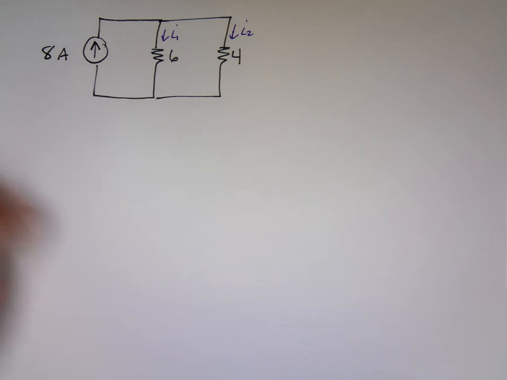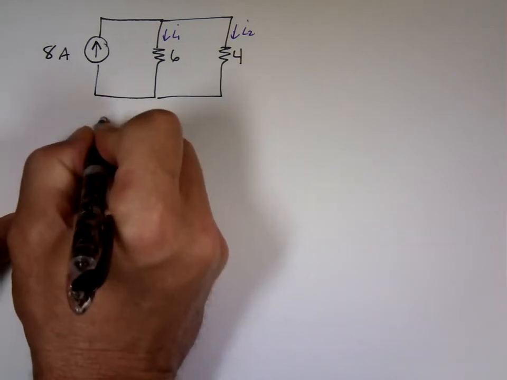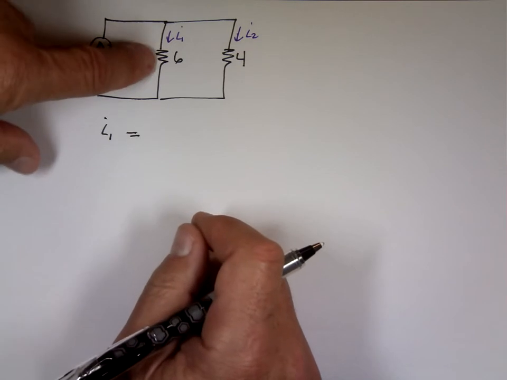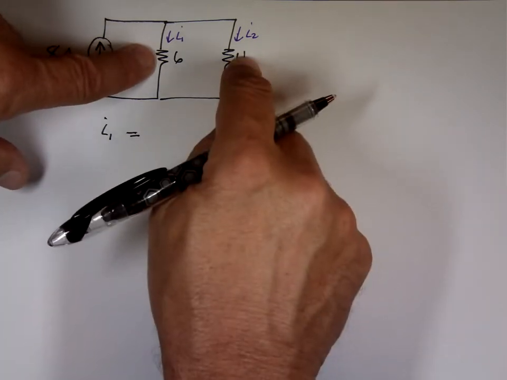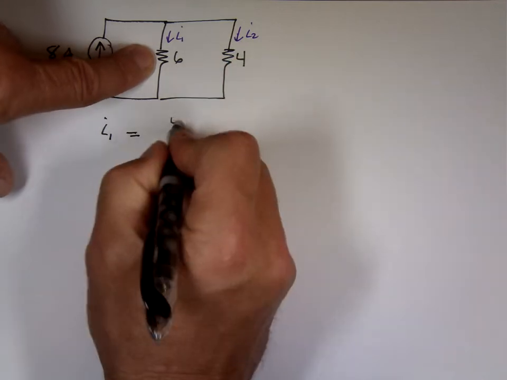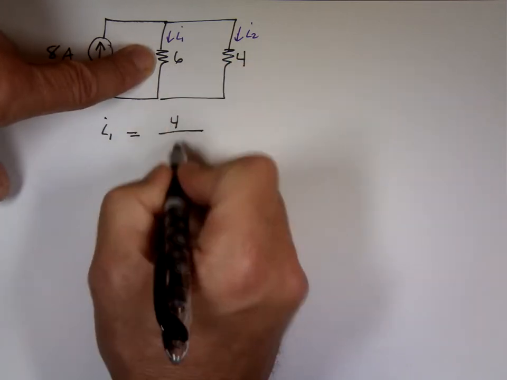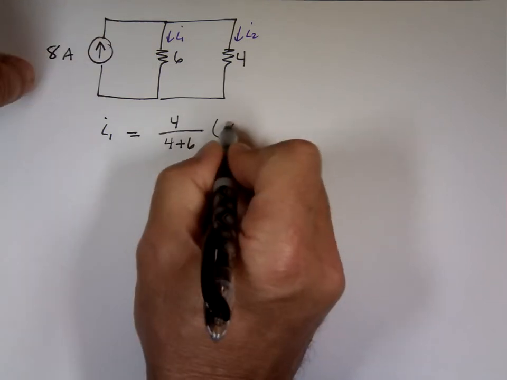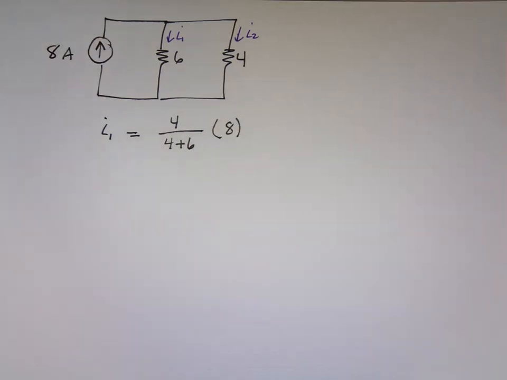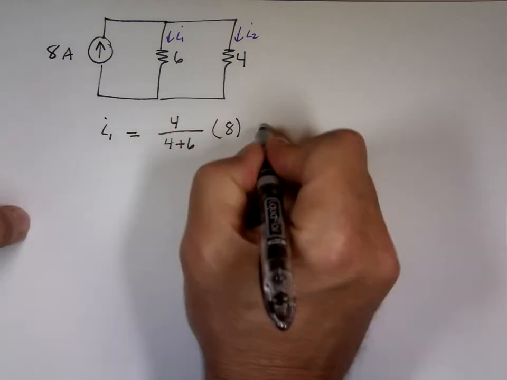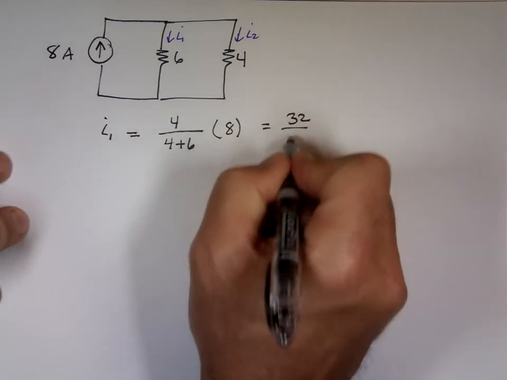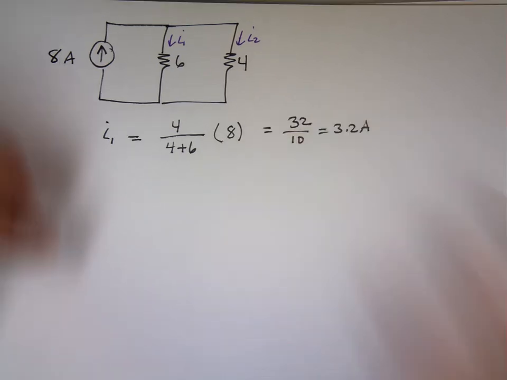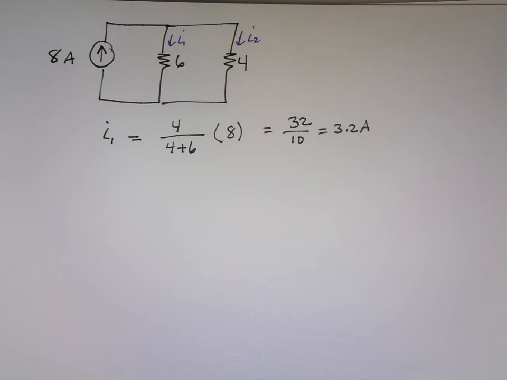So I sub 1, according to my equation, notice I sub 1 is with the 6 ohm. So it's not this resistor, it's the other resistor. It's 4 over the sum of them times 8. 4 times 8, 32, divided by 10, 3.2 amps. What is I sub 2? It's 4.8. Why?